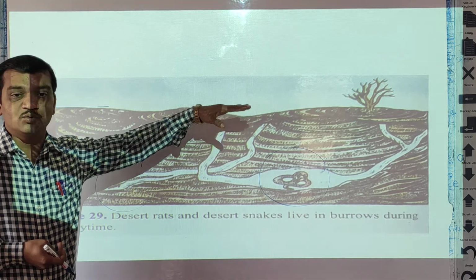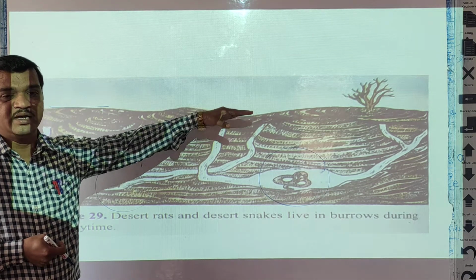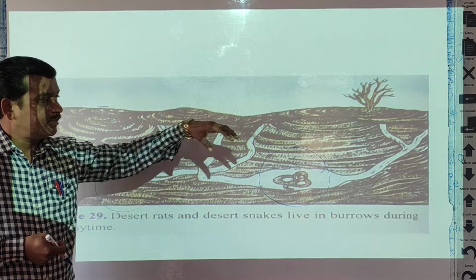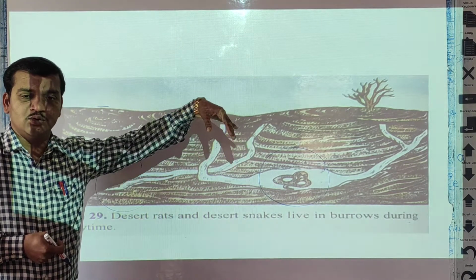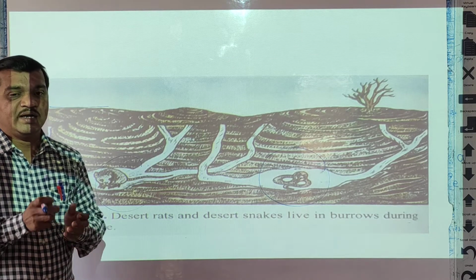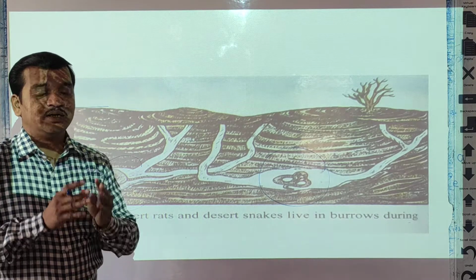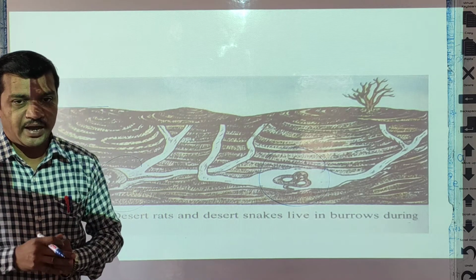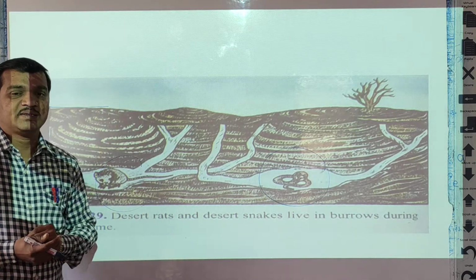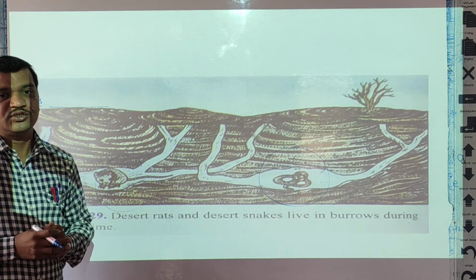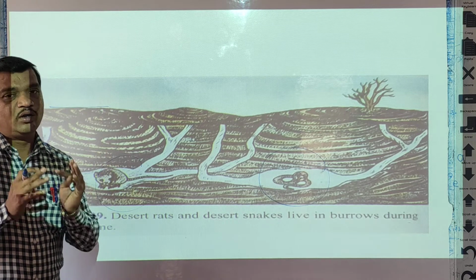That is why they make burrows and go under the ground and stay there during daytime, and at night when the sand becomes cool, they come outside in search of their food or prey.